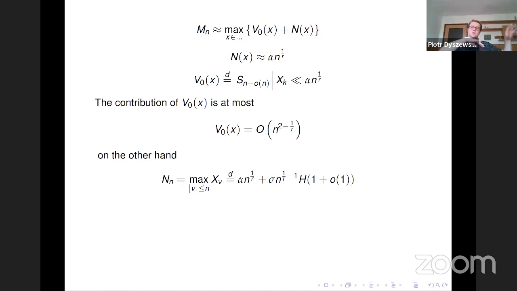So you can do the same optimization game that we did previously, and you would come to a conclusion that the contribution of those typical particles is also of the order n to the 2 minus 1 over r. So this is the exact same exponent that we got from this optimization.